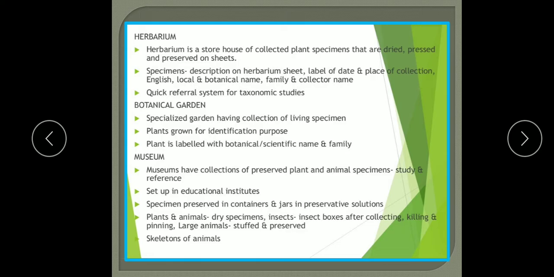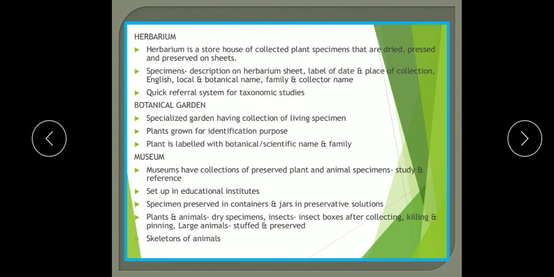Now what is the role of herbaria? As we are collecting the plant species here, they provide knowledge of plant taxonomy, and they help in the correct identification of a newly discovered plant with the help of its features. They help in finding variations in plant species of different areas. Since the herbarium is the storehouse of preserved plant specimens, when we collect plants from different areas we are able to study the variations in the different plant species.